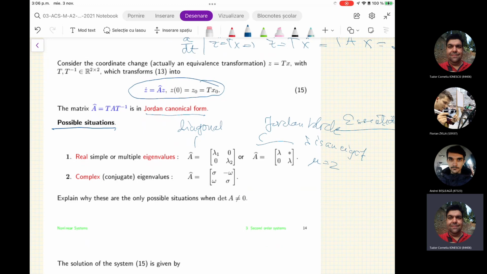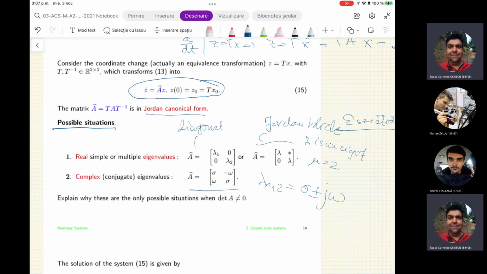Lambda 1,2 is sigma plus minus j omega, and these are the eigenvalues of this matrix. It's easy to prove.